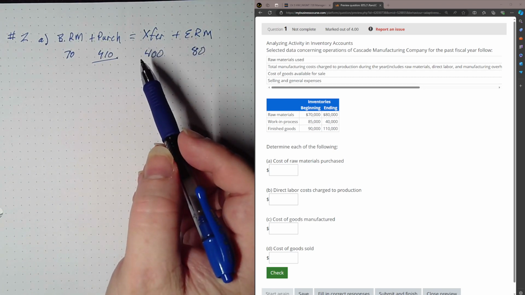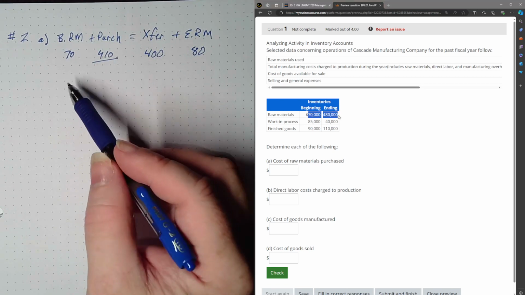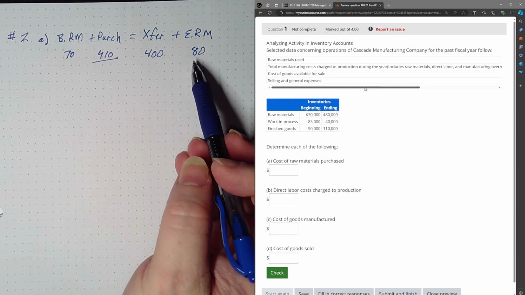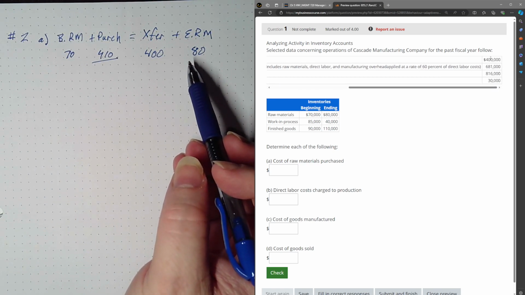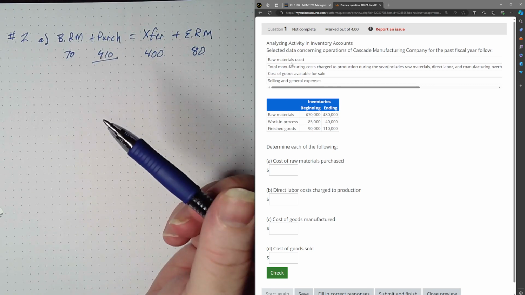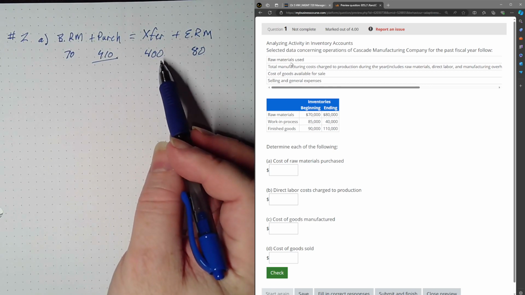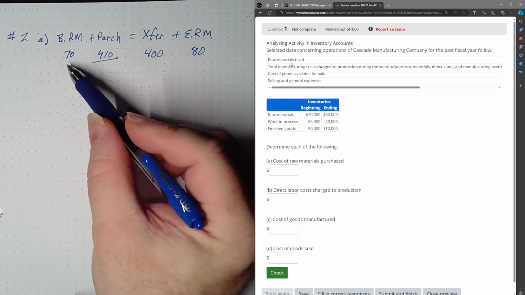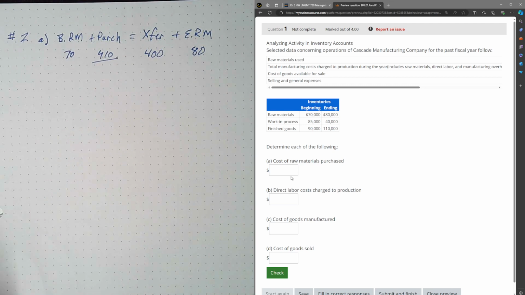In our little table here, we see we have beginning raw materials of 70,000, ending raw materials of 80,000. If we scroll over, it says 400,000. What is that? It says raw materials used. Well, put into production. So that's the transferred out. So 400 plus 80, 480 minus 70 should be 410. So our first answer here is 410,000.